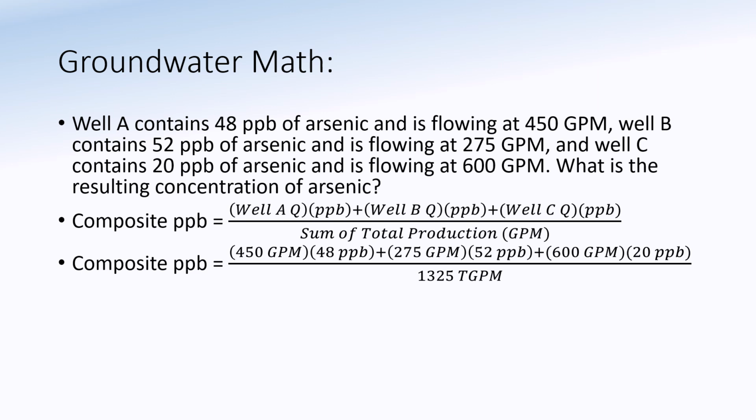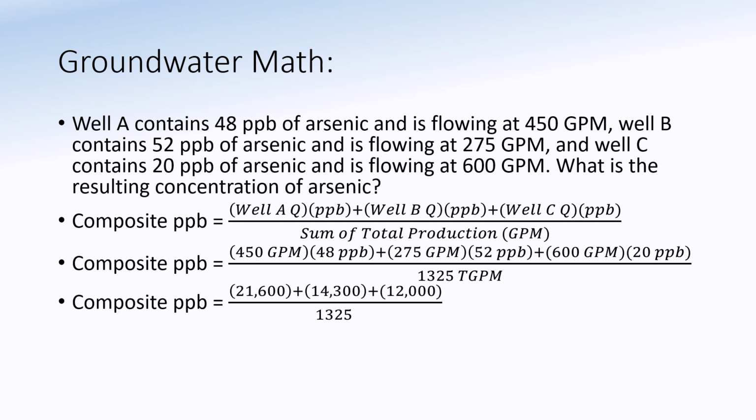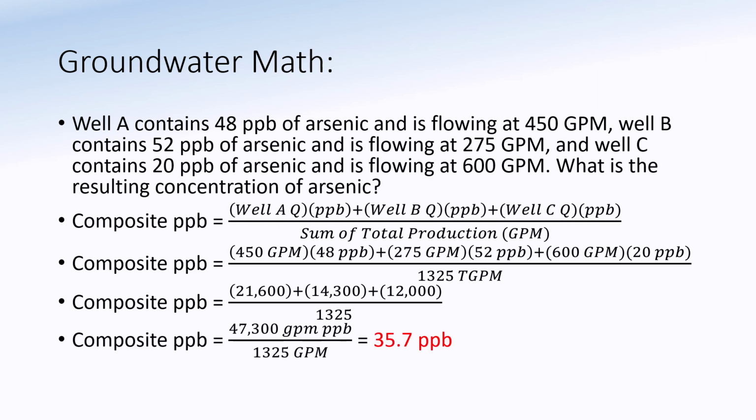So that's how it all would spell out. You break it down until your answer is 35.7 parts per billion. That is the resulting concentration level of arsenic.